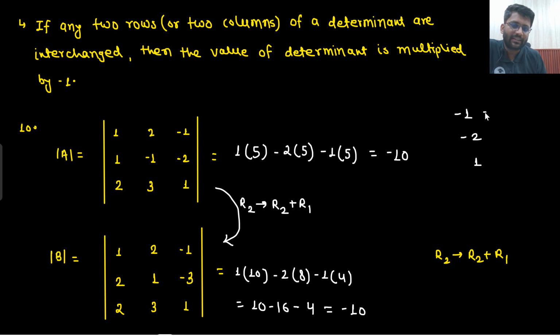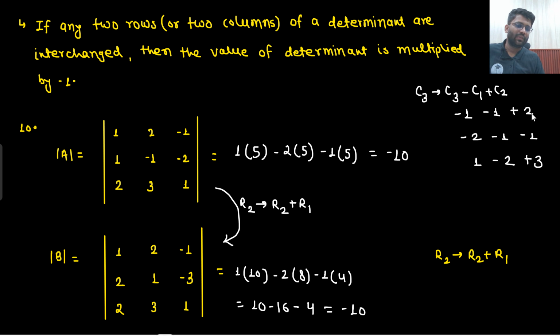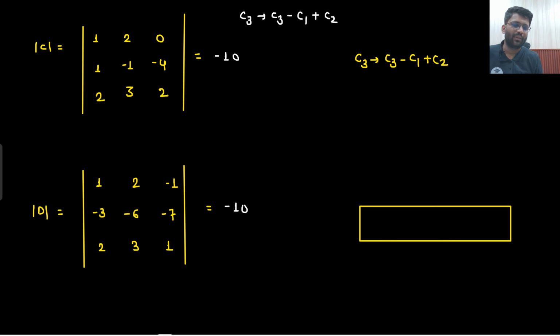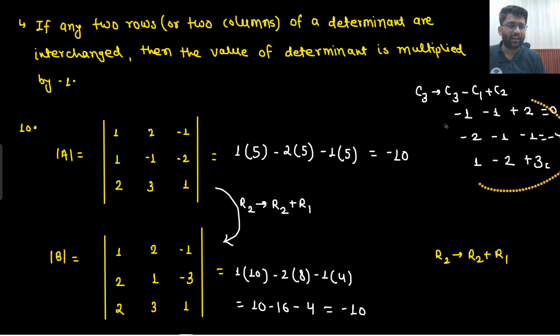So I replaced column 3 with column 3 minus column 1 plus column 2. So what you will be getting? Minus 1 will become 0, this will become minus 4, and next will become 2. So 0, minus 4 and 2. This is what I have written. So again I was getting the same answer.